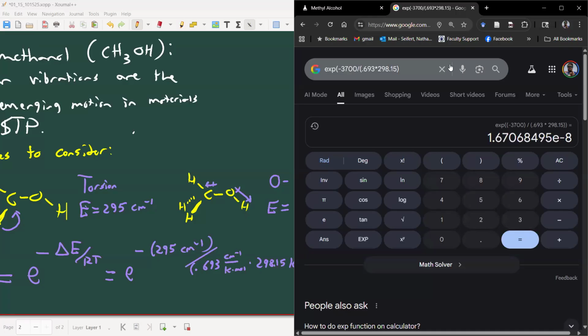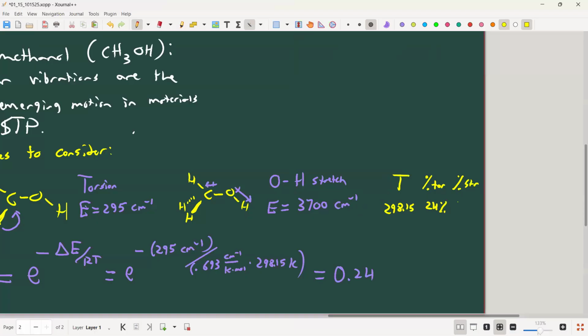It's a tiny number. So it's 1.6 times 10 to the minus 6 percent. So it's basically negligible. So the assumption here is that a good chunk of the molecules are excited torsionally, and almost none of them are excited in a stretch.